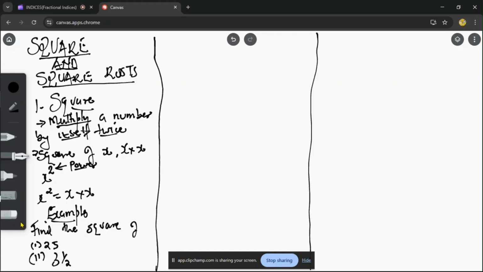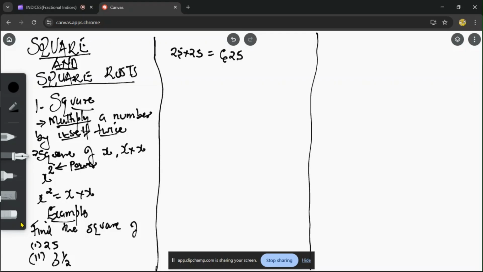So they want me to get the square of this number. The square of 25, this one is the solution. Square of 25 means 25 multiplied by 25 and you get your answer. When you take 25 multiplied by 25, this will give you 625.